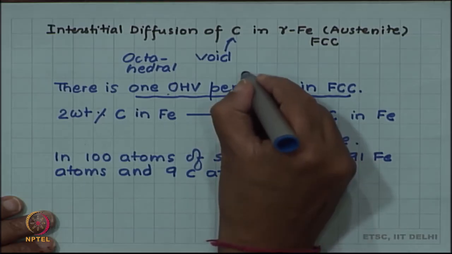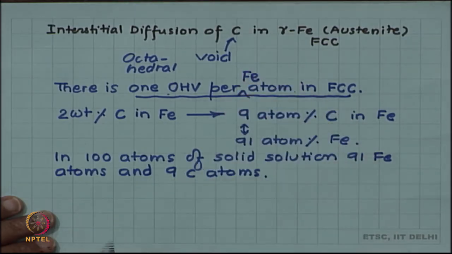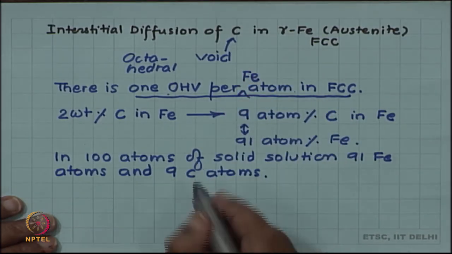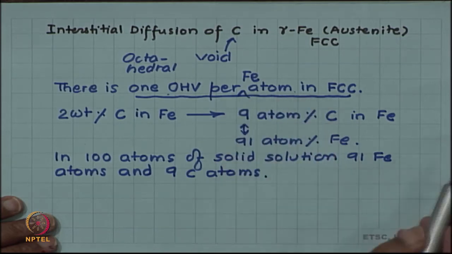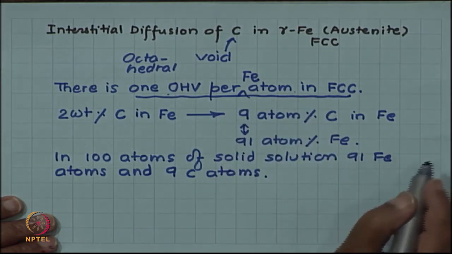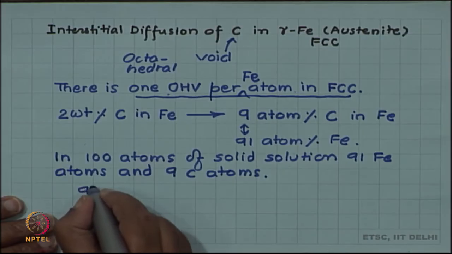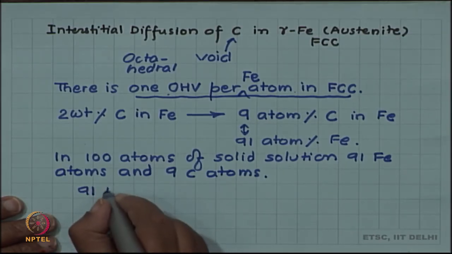Per iron atom, because that is the host atom. So, for every iron atom there is an octahedral void. So, for 91 iron atoms I will have 91 octahedral voids.